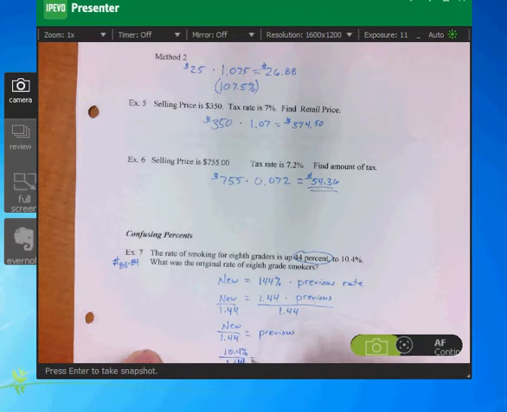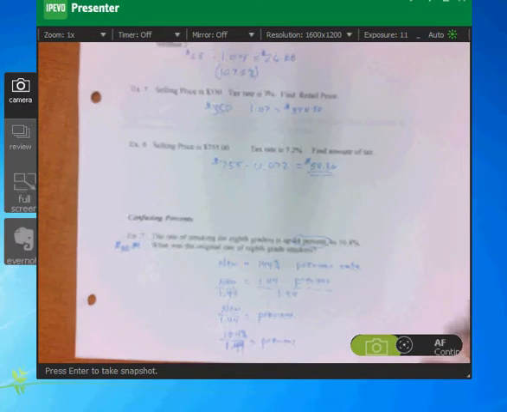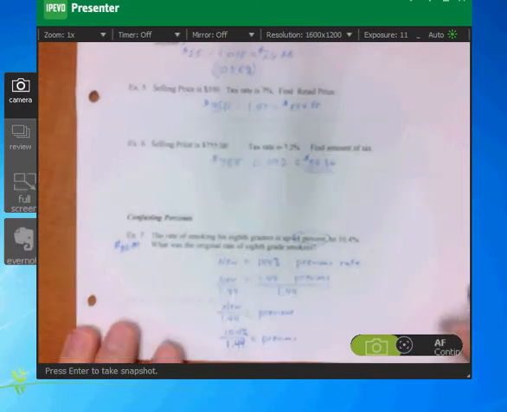Okay, so our new and our previous are absolute terms. The up 44% is a relative term. So that's why we changed that to the 1.44.